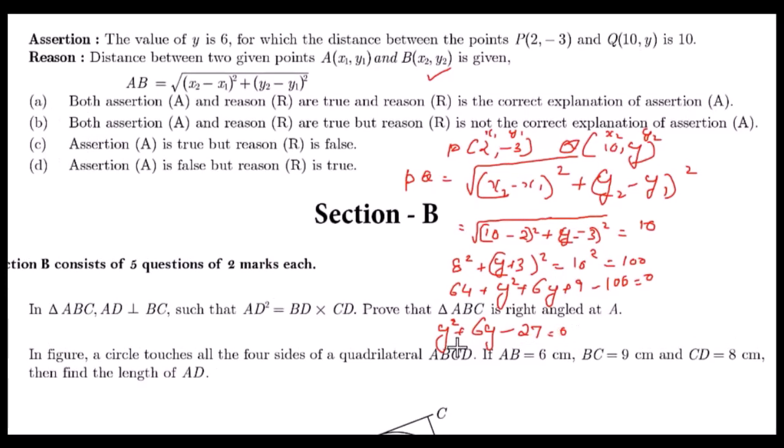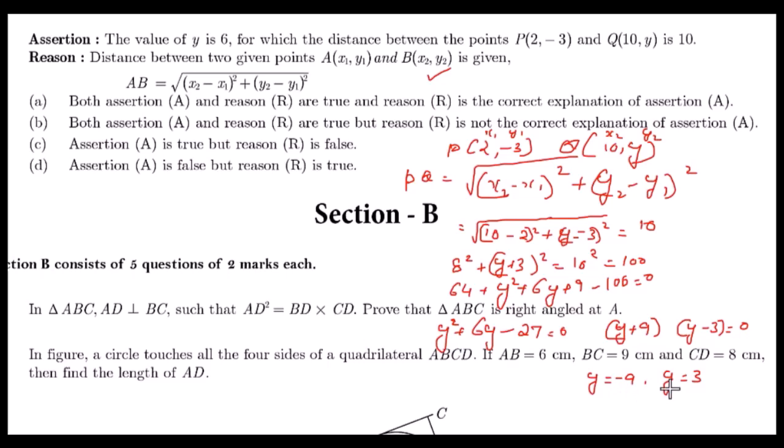Now the product is minus 27 and the sum is 6. That is, 9 threes are 27, and 9 minus 3 is 6. So (y plus 9)(y minus 3) is equal to 0. That is y equal to minus 9 and y equal to 3. So two values we are getting, minus 9 and 3.